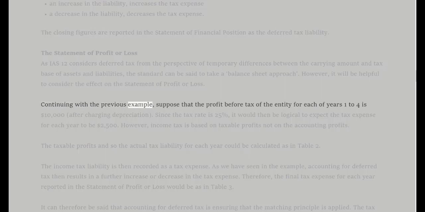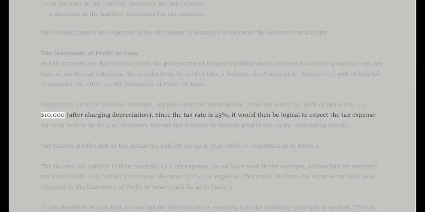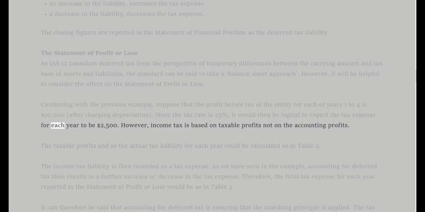Continuing with the previous example, suppose that the profit before tax of the entity for each of years 1 to 4 is $10,000, after charging depreciation. Since the tax rate is 25%, it would then be logical to expect the tax expense for each year to be $2,500. However, income tax is based on taxable profits, not on the accounting profits.